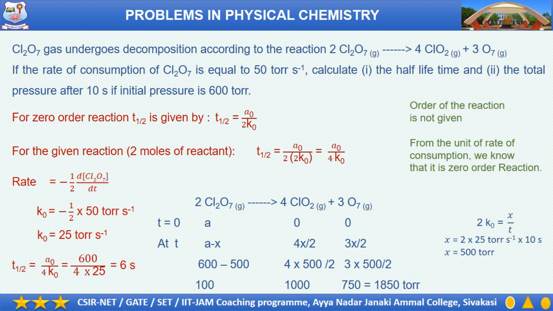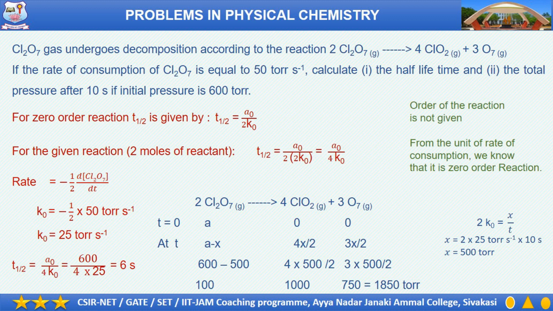But the rate for this equation we can write as minus 1 by 2 into d of Cl2O7 by dt. What is this value? Therefore, what is the rate? Equal to 25 torr per second.